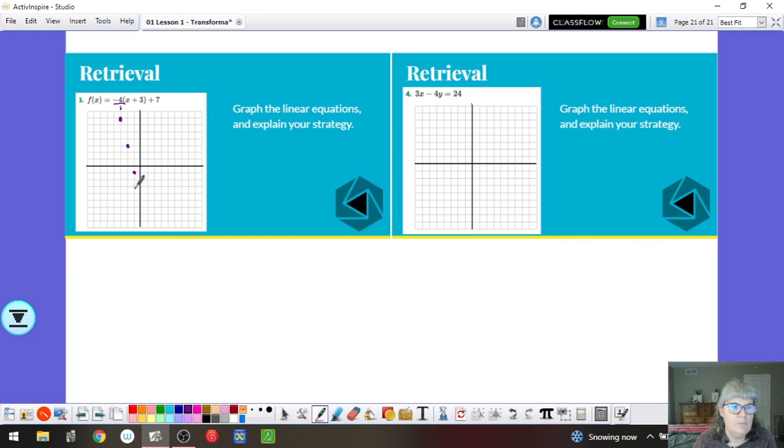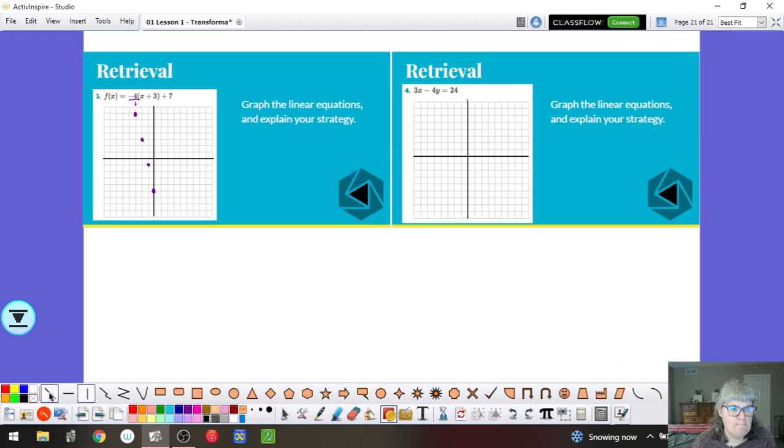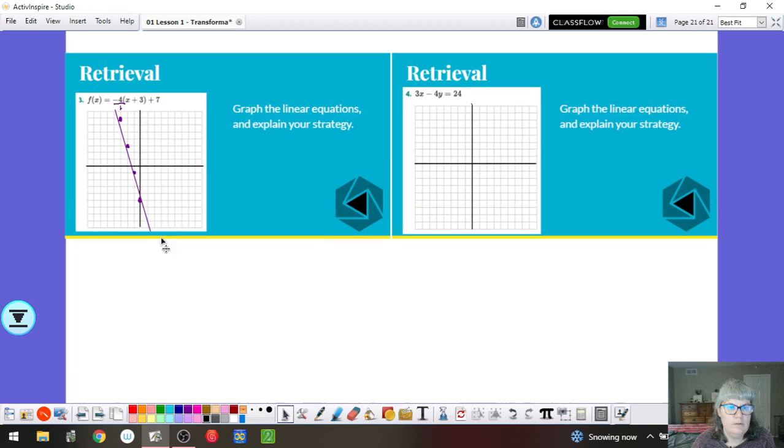And I can keep doing this before I graph my line. And there we have our line that passes through (negative 3, 7) and has a slope of negative 4.